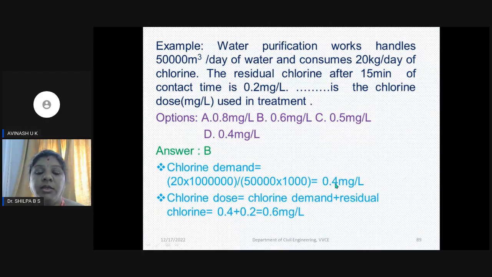So we will get the chlorine demand as 0.4 milligram per liter. That is the quantity of chlorine that is used in the process. But as 0.2 milligram per liter is retained, the total chlorine dose that we have added is chlorine demand plus the residual chlorine, which is 0.6.